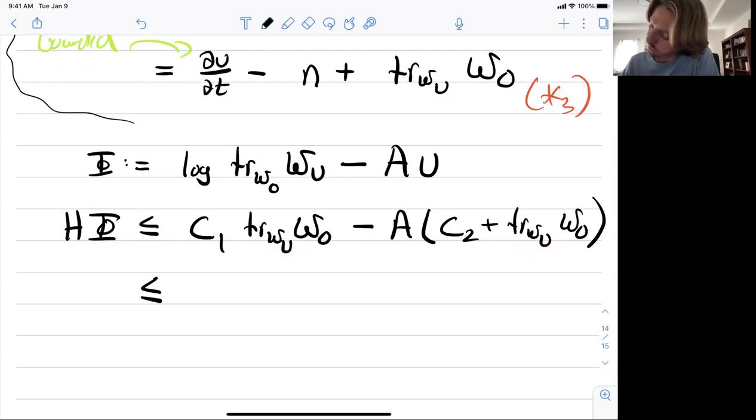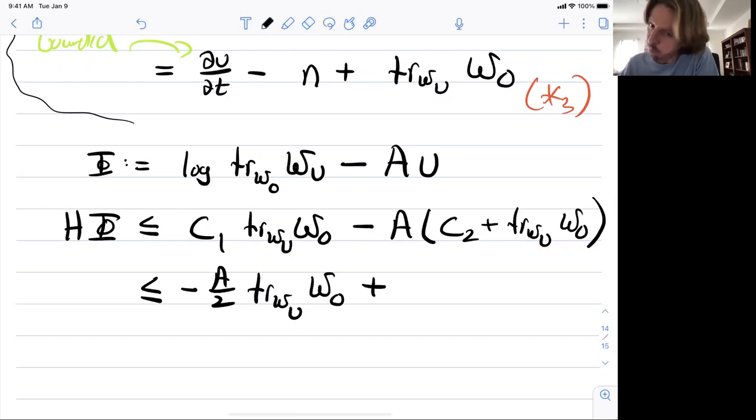And we could say, for instance, this is less than or equal to negative, say, a over 2 trace omega u omega naught, and then plus, say, I guess the way I wrote it, I presupposed a sign on this term, which it doesn't have. Anyways, let me just add a negative sign there. The point is, you can't really control that term. So let's just say plus C2A. Okay.